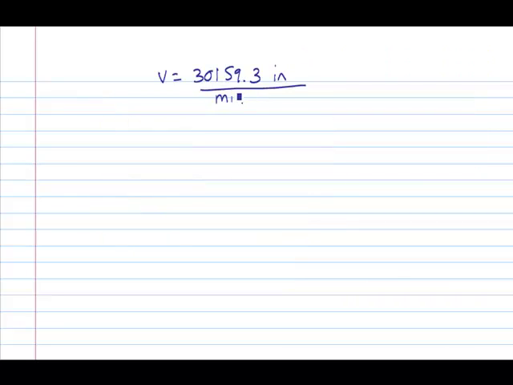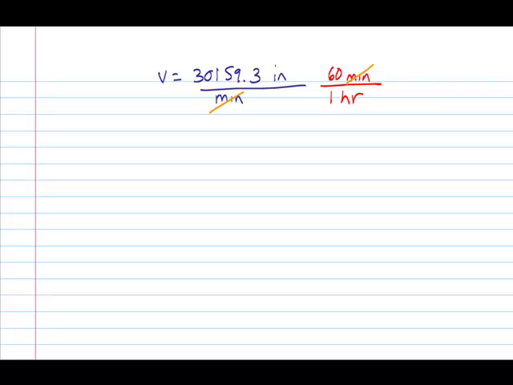In our conversion, the first thing that we would probably like to do, and it doesn't matter what order we do these things in, is change minutes to hours. So we're going to say there are 60 minutes in every 1 hour. And the reason that we're doing this is because we want to cancel out the minutes.